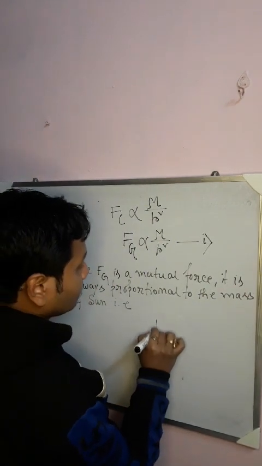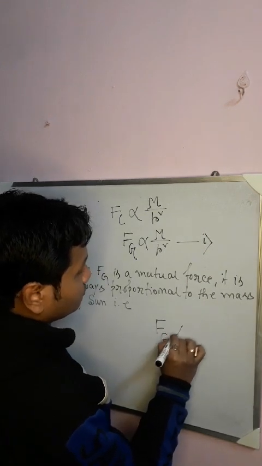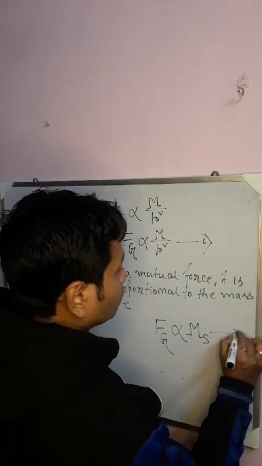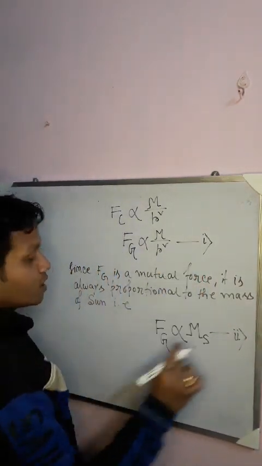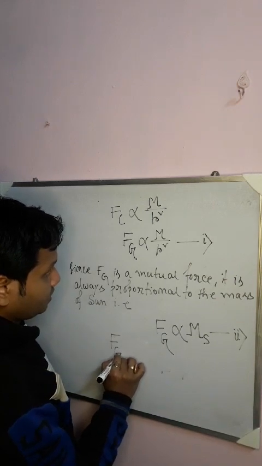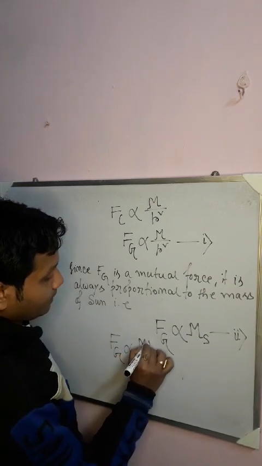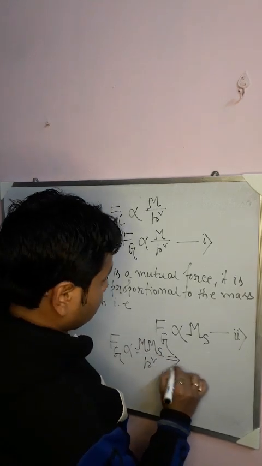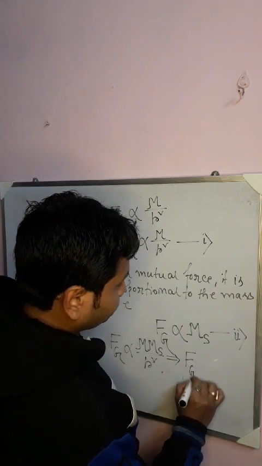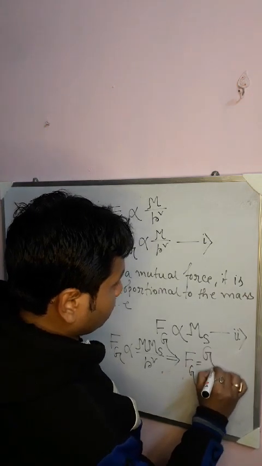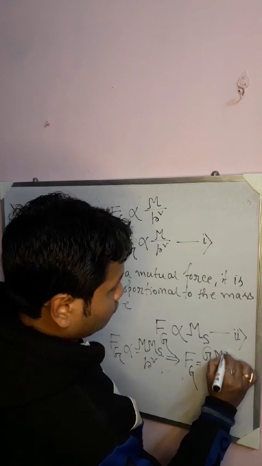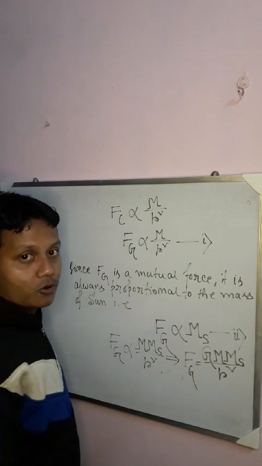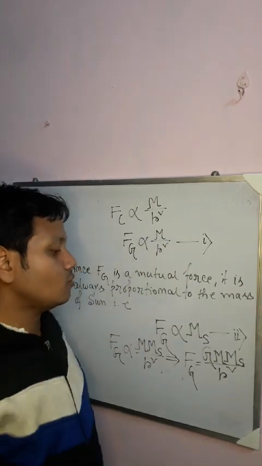So you can easily write Fg is proportional to ms, mass of sun. Give it a name 2. So what you can conclude from 1 and 2? Fg is proportional to m into ms by r square. So this is simply Fg equal to G into m into ms by r square. So this is the Newton's law of gravitation by using Kepler's law.